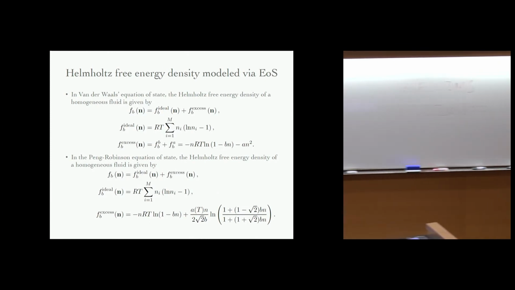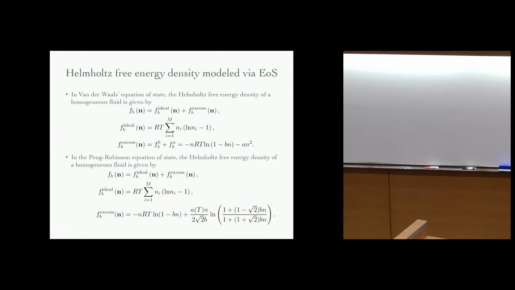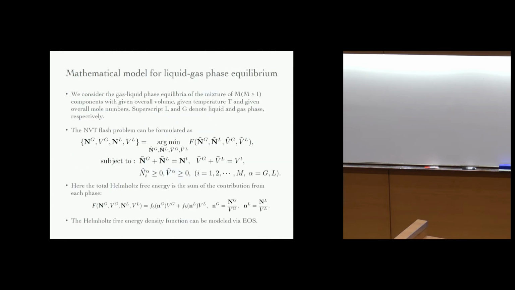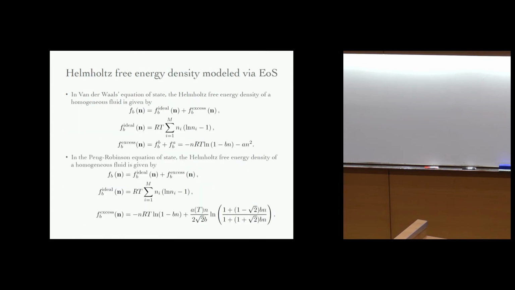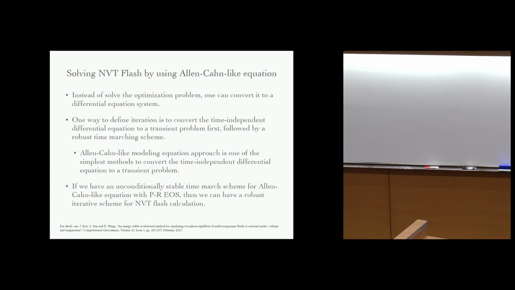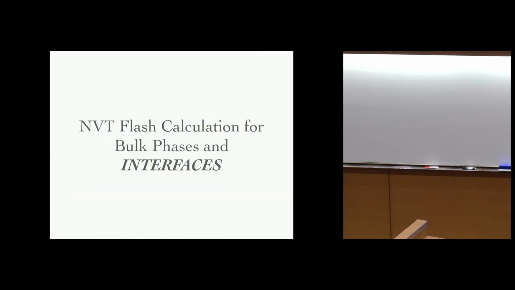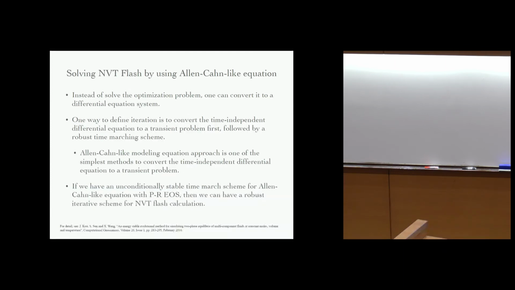For those who want to model hydrocarbon systems, the Peng-Robinson equation of state is the most widely used. It has the following form. That defines what F is here. This F is an integration over space. We solve NVT by using Allen-Cahn-like equations. So let me show you.